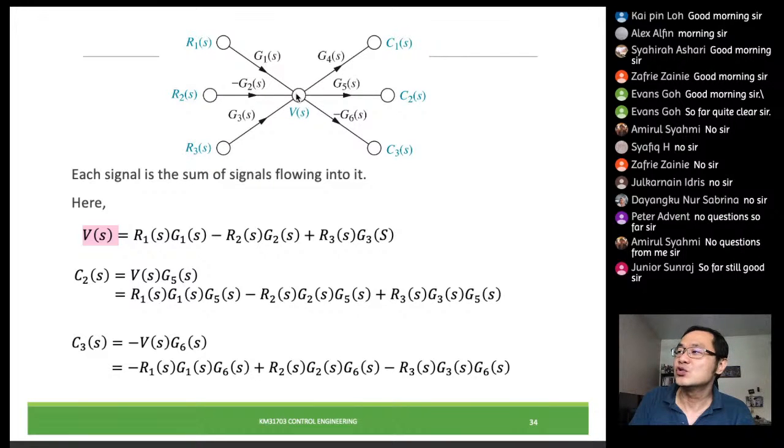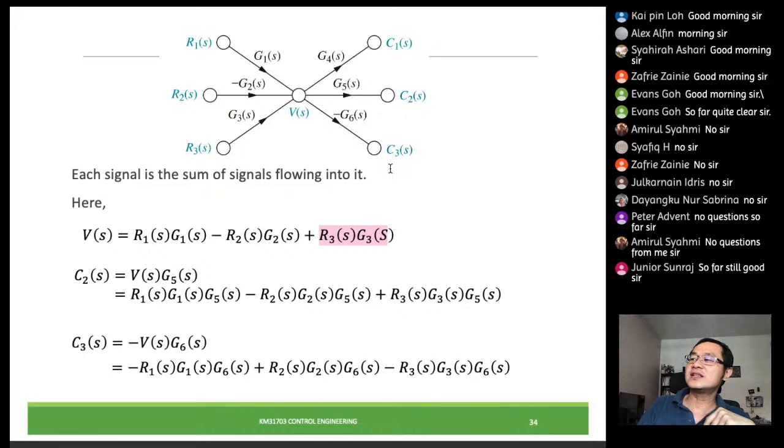So this signal V equals R1 multiplied by G1, plus or minus G2 multiplied by R2, plus G3 multiplied by R3. This is how we sum them into one node. And then we also branch it out, so when we branch out, we have different nodes.